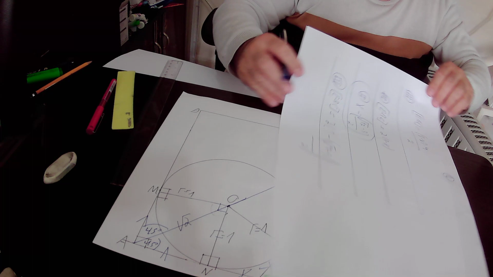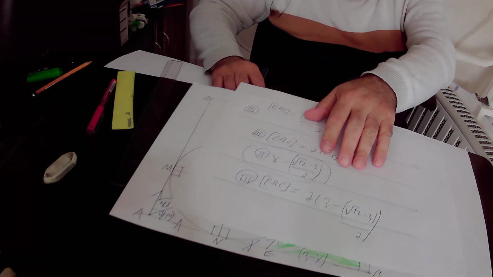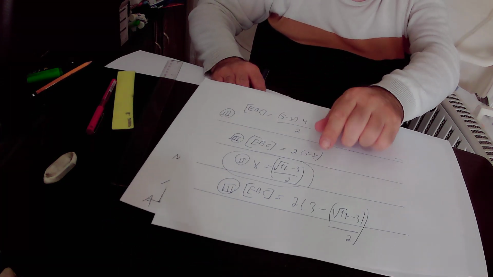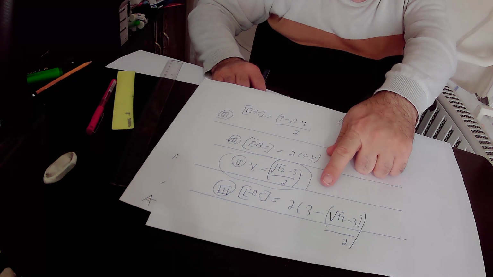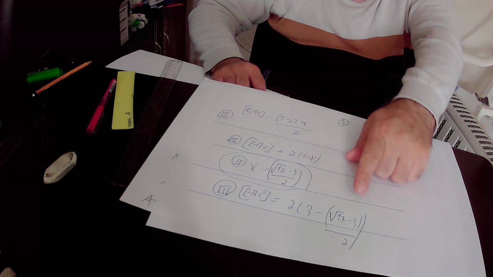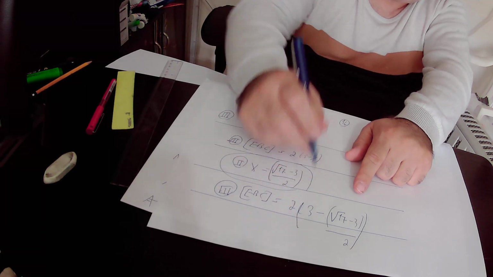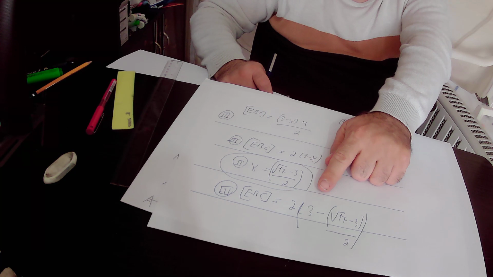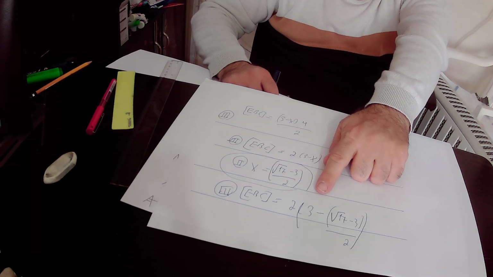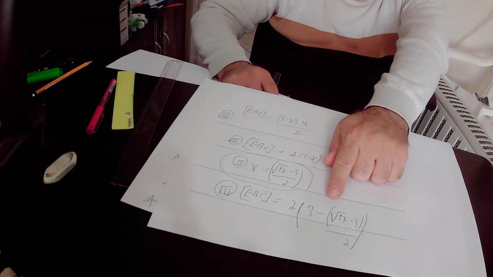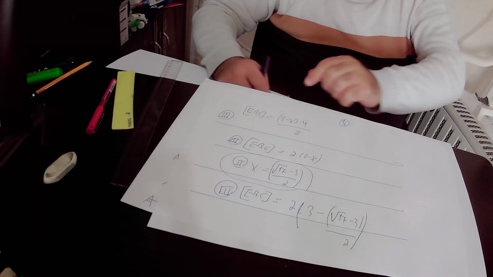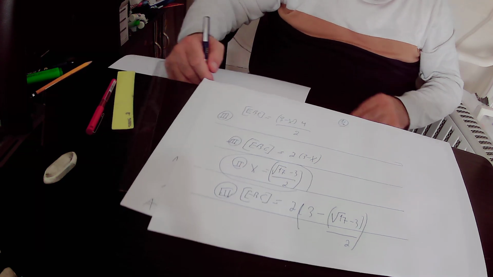So the area equals 2 times 3 minus this expression. Here we will multiply 3 by 2 and then divide it by 2 in order to have a common factor with this expression.